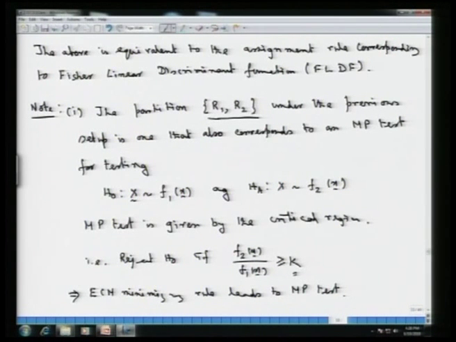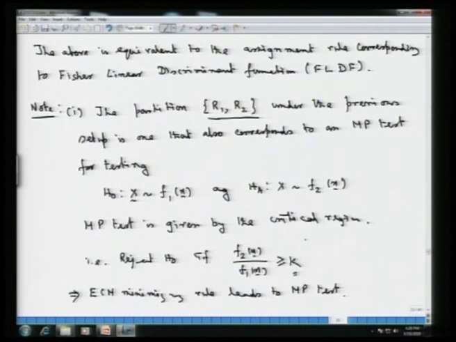So, the alpha level, suppose alpha belongs to (0, 1), any value between 0 and 1, we will be choosing k in such a way that the size condition is satisfied. However, the ECM minimizing rule is f2(x) by f1(x) greater than or equal to 1 in the region R2.